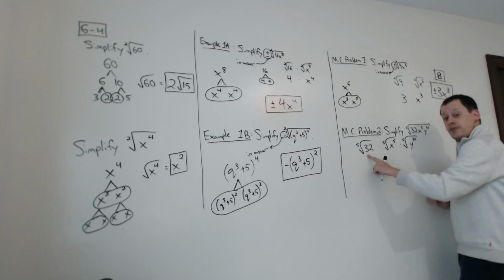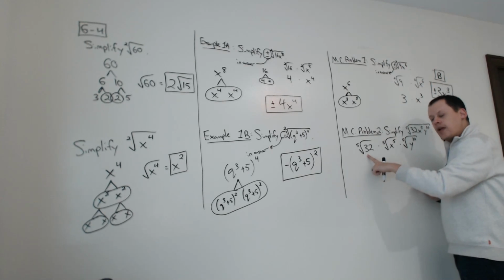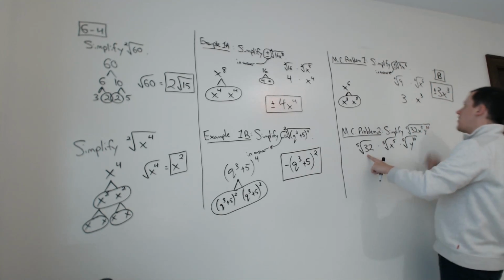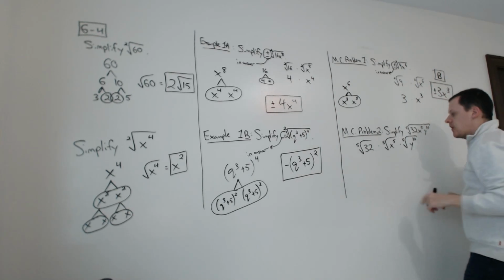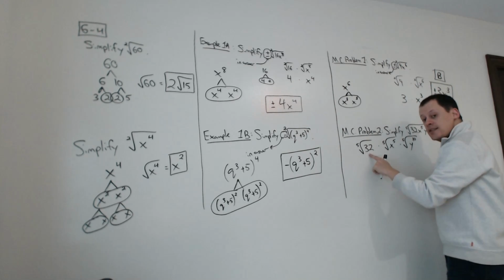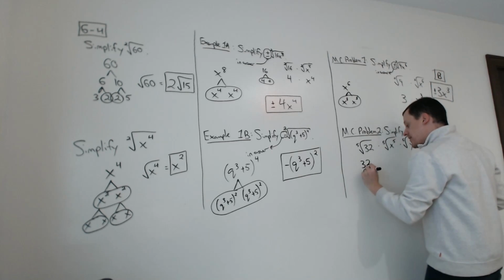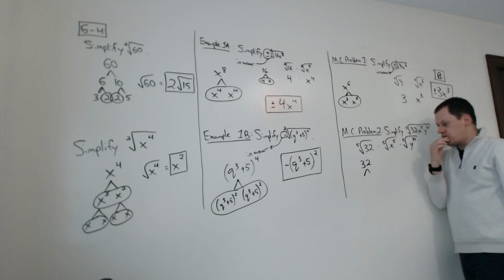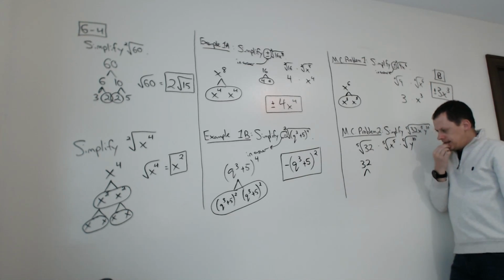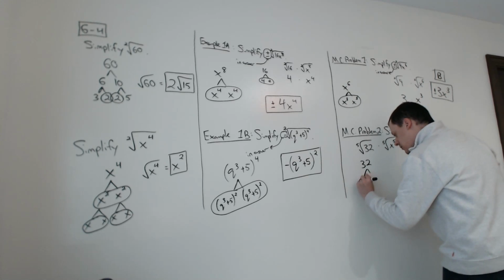Now, the 5th root of 32, it's okay if you don't know that off the top of your head. It's not quite as easy as the square root of 9 or the square root of 16. But if you don't know what this is off the top of your head, that's when you break it down. 32 breaks down into, you could do 2 and 16, 4 and 8. 4 and 8 will work.